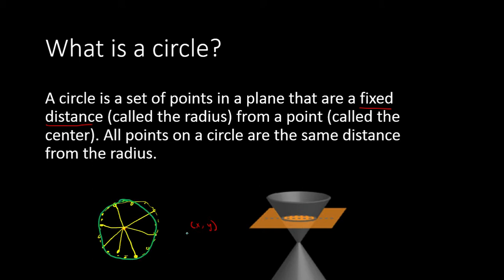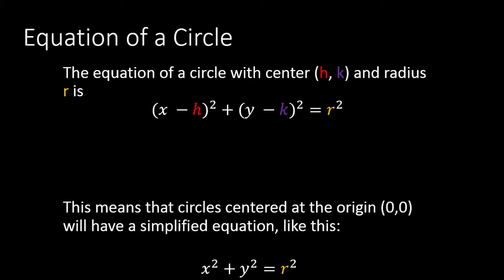So it's important for us to recognize that to define a circle, all we needed was a center point and a radius. So the equation of the circle, as you can guess, if that's all we need to define it, then that's what's in the equation. The equation given here describes a general circle. You see (x minus h) squared plus (y minus k) squared equals r squared.